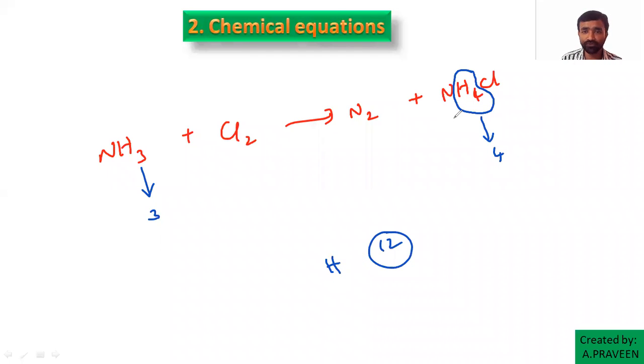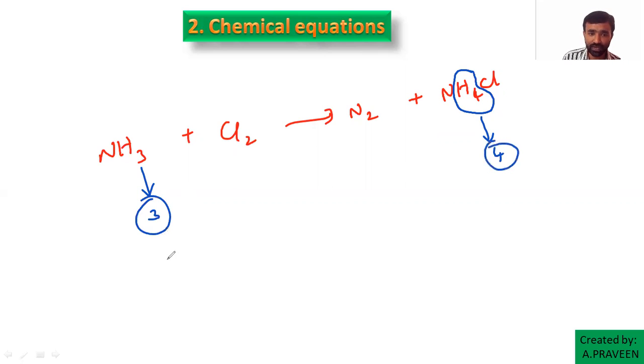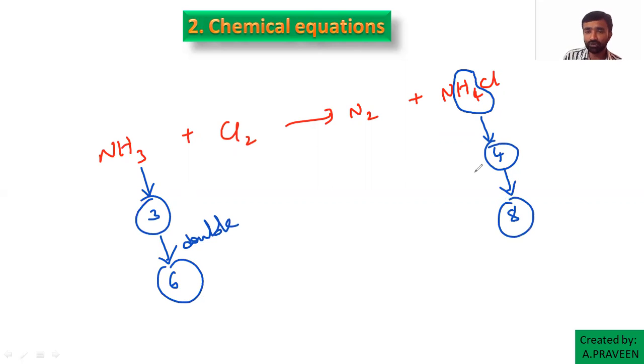Here you just need to double the coefficients you decided. What did you select actually? 4 and 3. Then go for double immediately. 6, then 8. Now try with the coefficients: 8 here, 6 here. Now check the count.